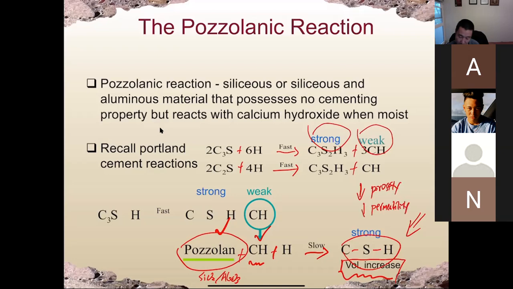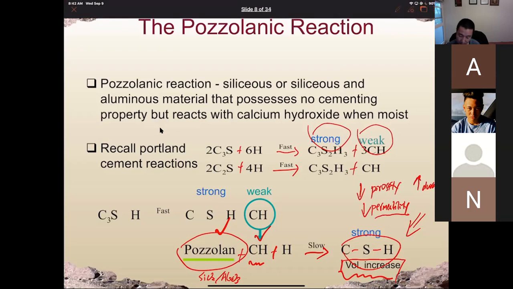Okay, and because permeability controls the durability of concrete, concrete durability will be increased.